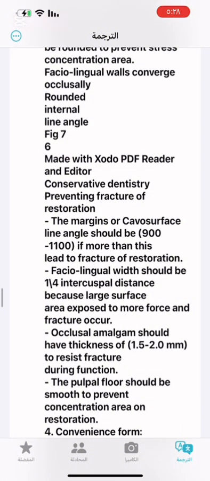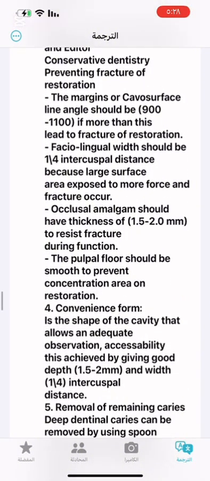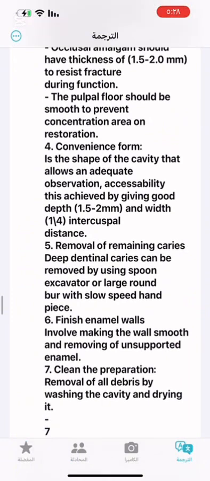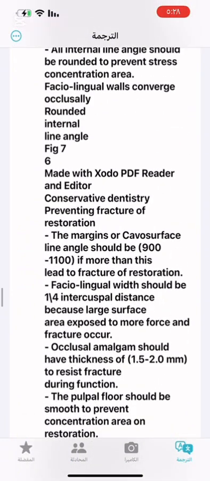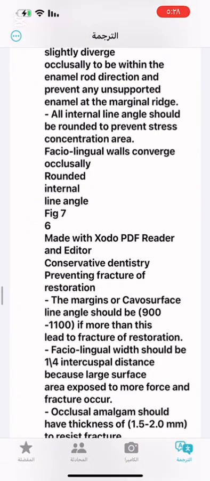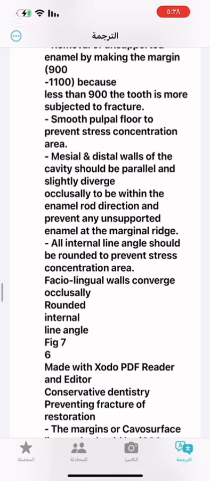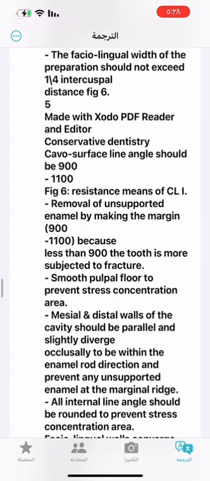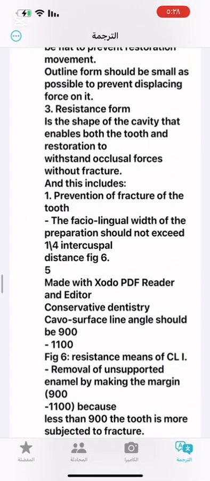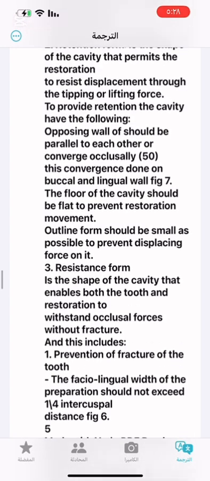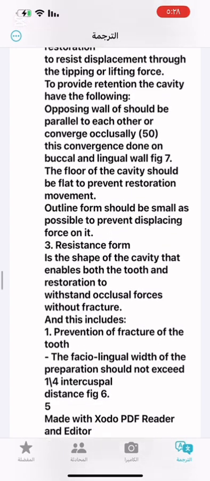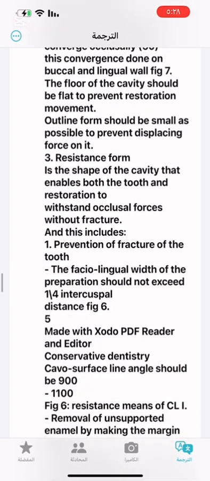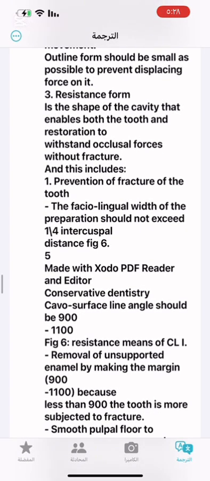To locate the margins of the restoration as conservatively as possible. 3. To ensure the cavity form can withstand the force of mastication without fracture of the tooth. 4. To allow the functional placement of the restorative material.